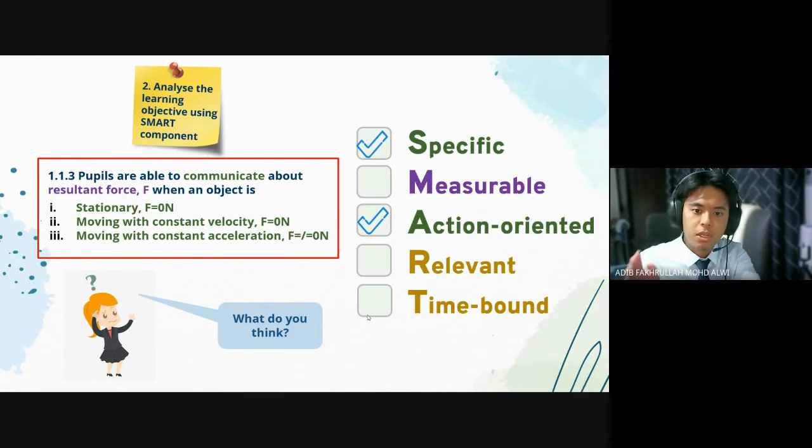Yes, it's measurable because we can measure how to communicate about resultant force F when an object is stationary and constant velocity. And then is it relevant? Check the time bound. It doesn't have time bound in this learning objective. So it is not relevant for pupils are able to communicate because it doesn't provide time bound.